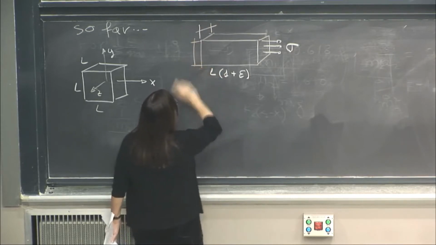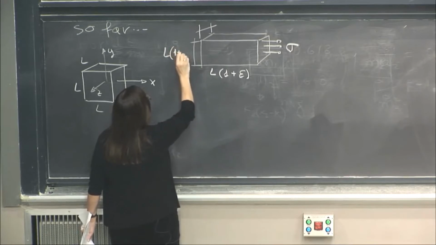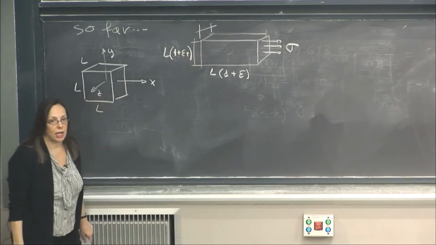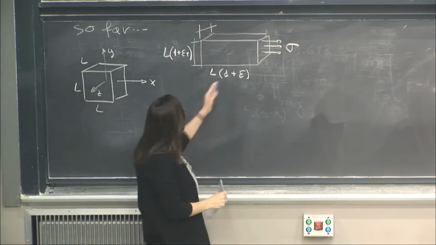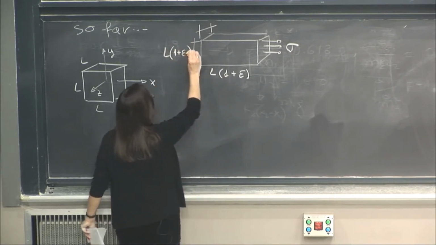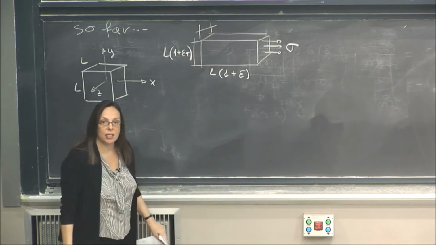I'm going to have an epsilon transverse, so this length here is now going to be L(1 plus epsilon transverse). There is a transverse strain that happens. Most materials, when you pull them along the axial direction, get shorter in the transverse direction. So if epsilon is positive, epsilon transverse is negative.